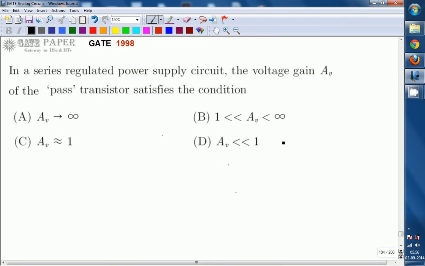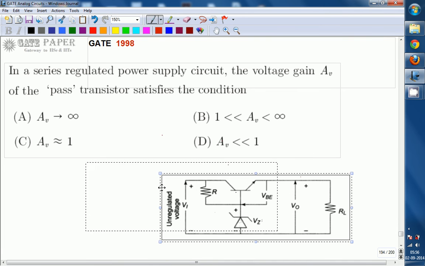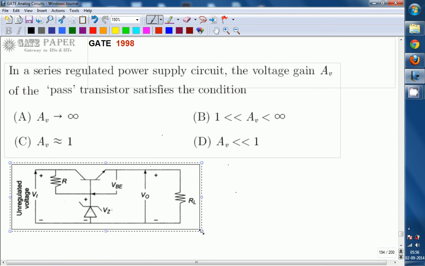First of all we should know the general block diagram of a series voltage regulator circuit. A simple series voltage regulator circuit looks like this.